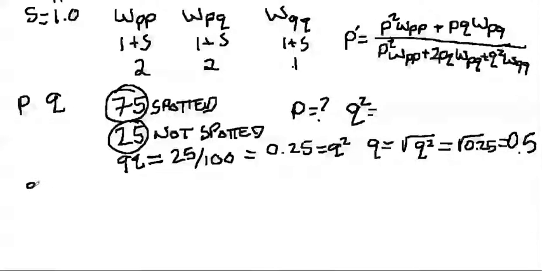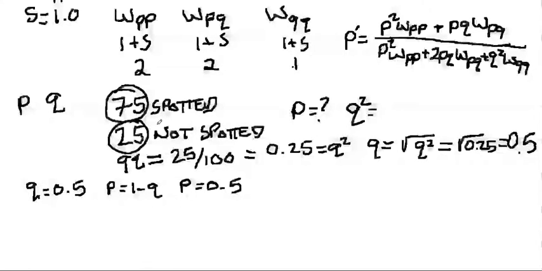If Q equals 0.5 and P equals 1 minus Q, P must also equal 0.5. So now we can try and plug and chug our values into this equation. So let's see what we end up with.